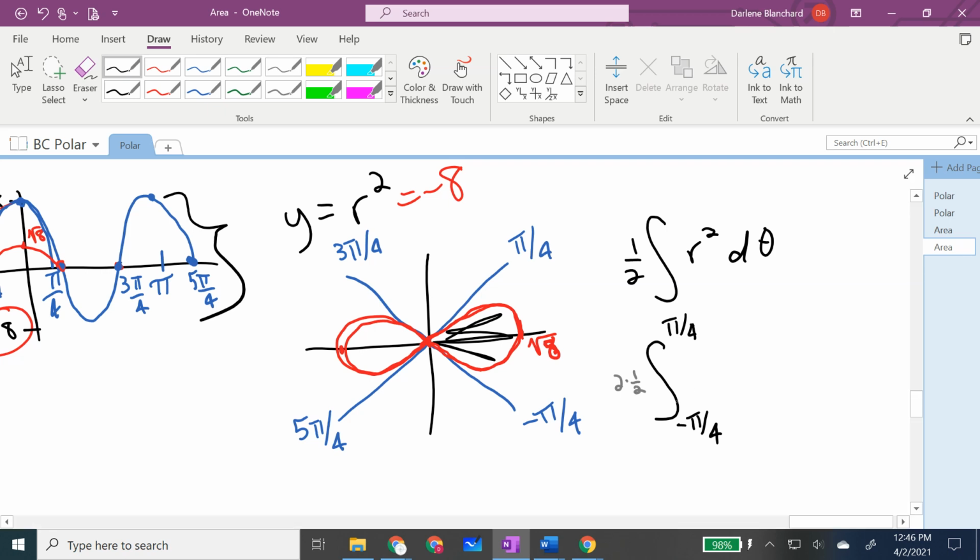And then be very, very, very careful, because the function you have is already r squared. So r squared is 8 times the cosine of 2 theta. And integrating that will give you the area enclosed by the entire lemniscate. And you can see how you can use symmetry to change that.